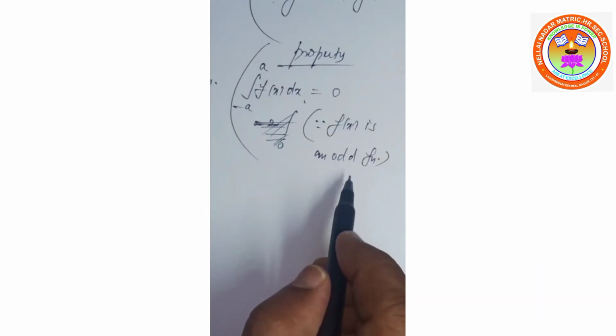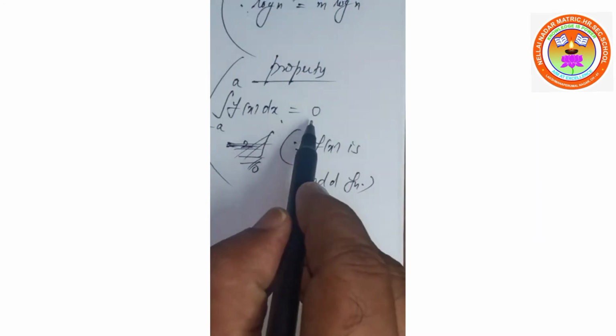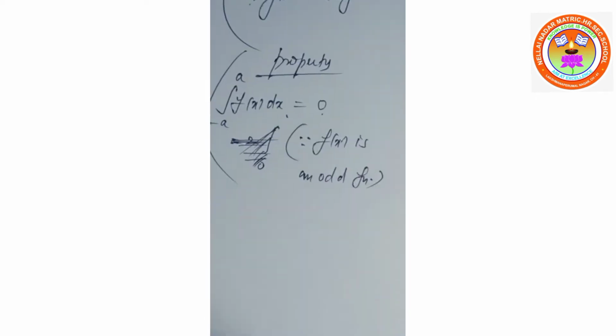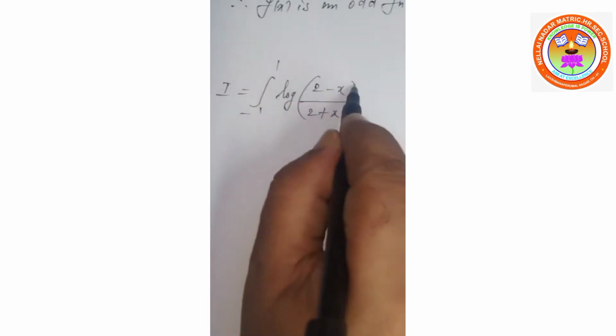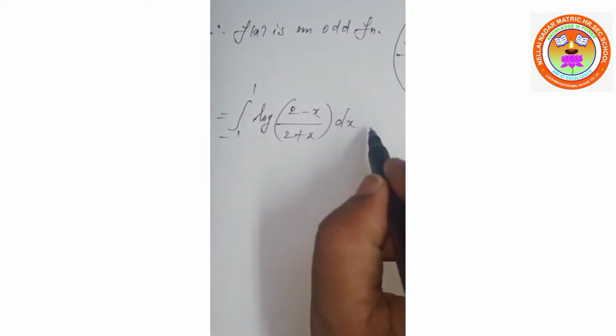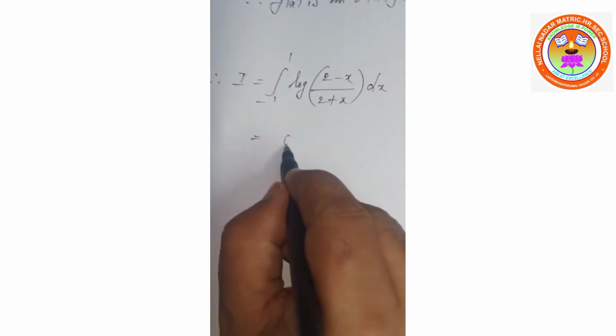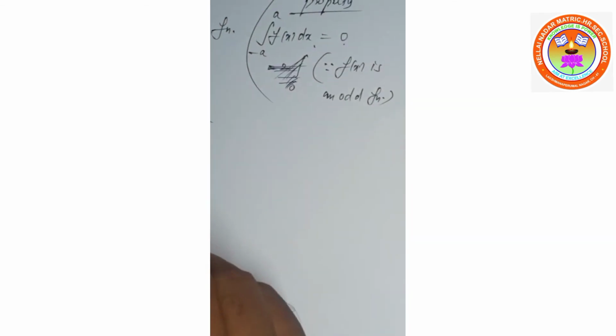If it is an odd function, very simple, you can directly write the integral value as 0. Therefore, I equals, what is the given question? Minus 1 to plus 1 log of (2 minus x) divided by (2 plus x) into dx, that is equal to 0 according to that property. So problem number 3 is over.